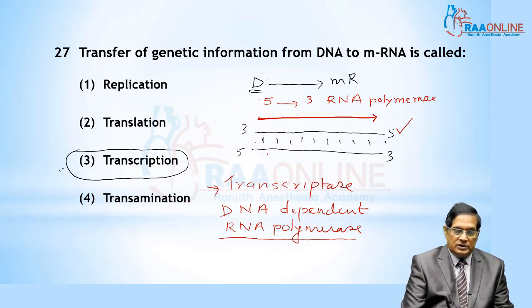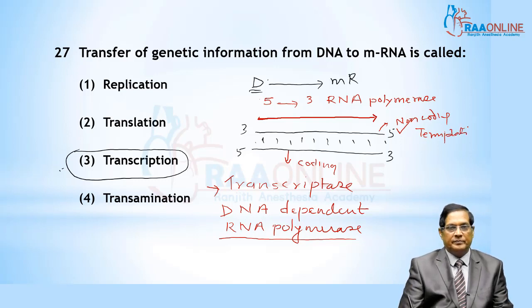So these are the two strands. The strand with 5 to 3 polarity is the coding strand. The opposite one is known as the non-coding or template strand. The actual strand which synthesizes RNA is called the template strand.